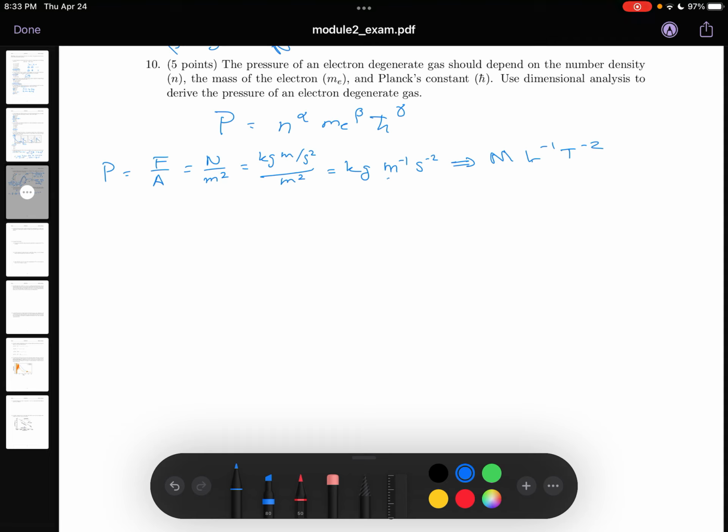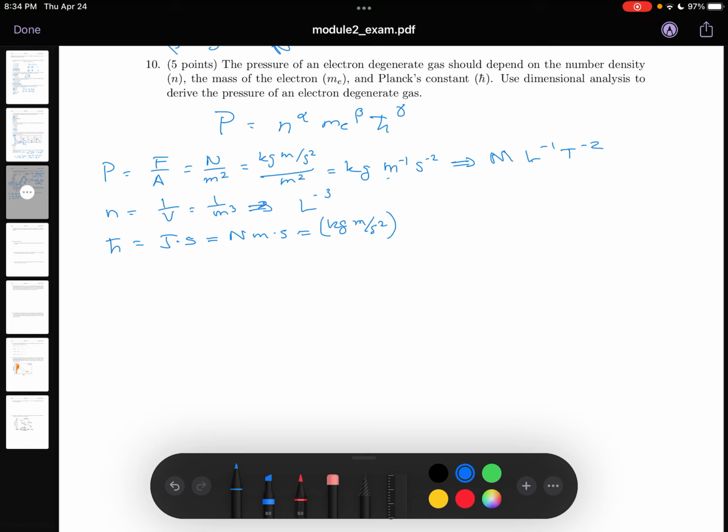Okay, and then we have our number density. So this is like a number per volume. So 1 over volume would be 1 over meters cubed. So our dimensions would be length to the -3. And then we have Planck's constant, h bar, so that is a joule times a second. And a joule is a Newton meter, and a Newton is kilogram meter per second squared.